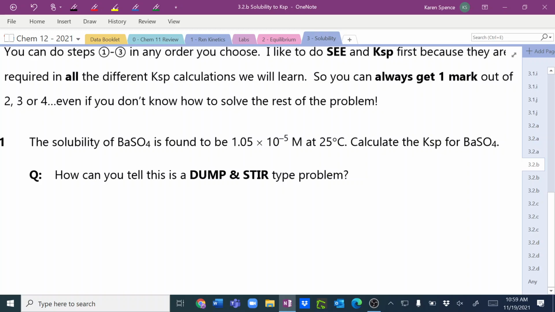So how can we tell that this is a dump and stir type question rather than mix and match? How many compounds are listed here? Just 1.